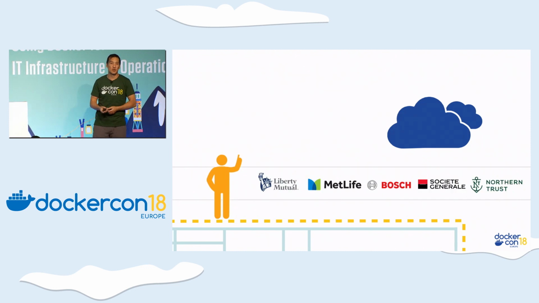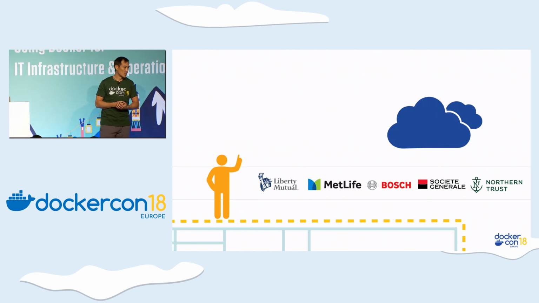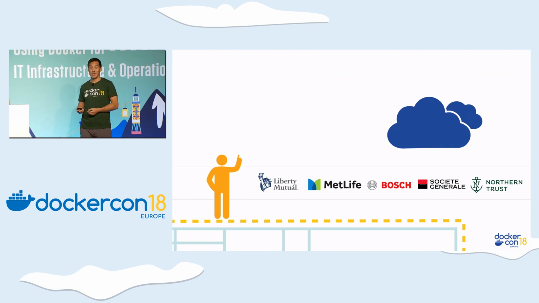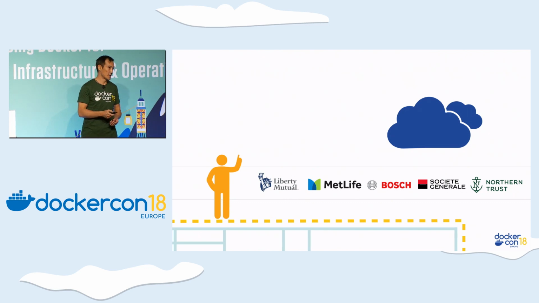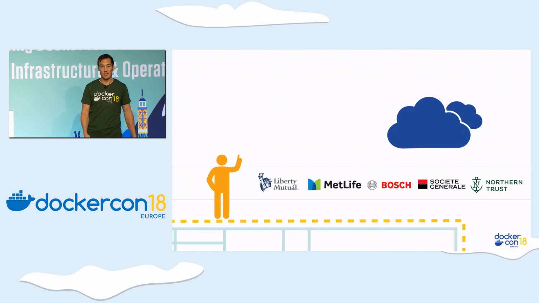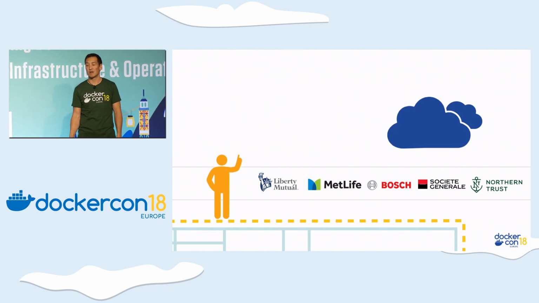Now, I'm going to share some of these best practices that we've learned from our customers, including MetLife, Bosch, and Societe Generale, as you have seen. Some of them are giving talks at DockerCon, so I'd highly encourage you to go and see their talks.